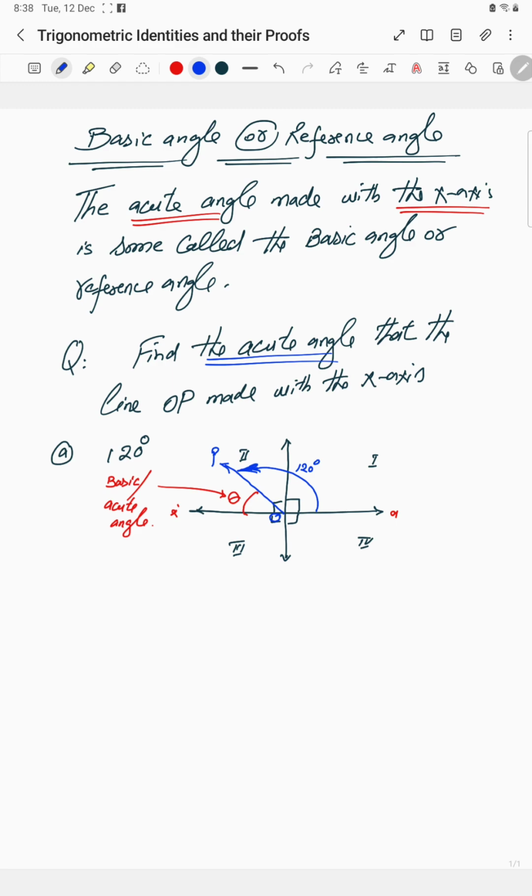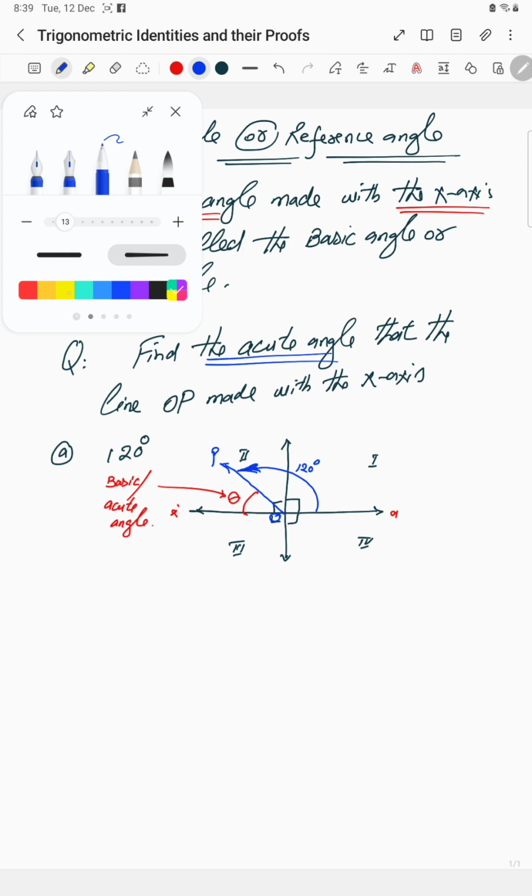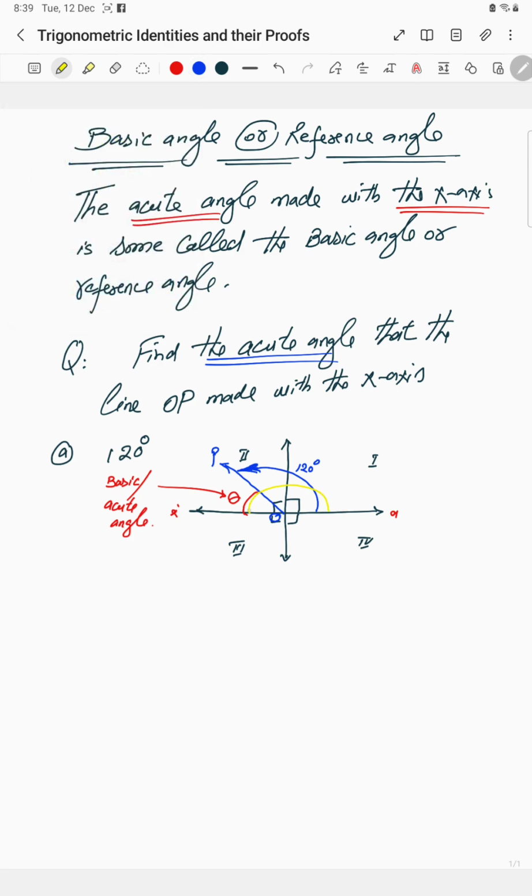As we know, the total sum of the quadrant in this case is 180 degrees.